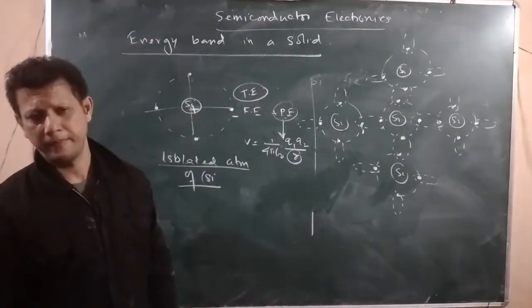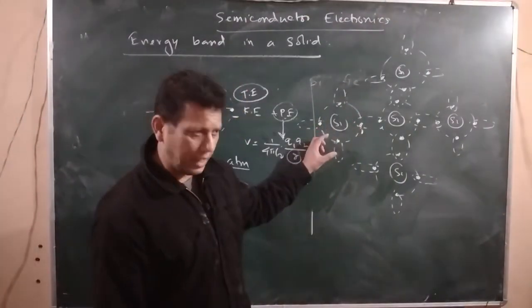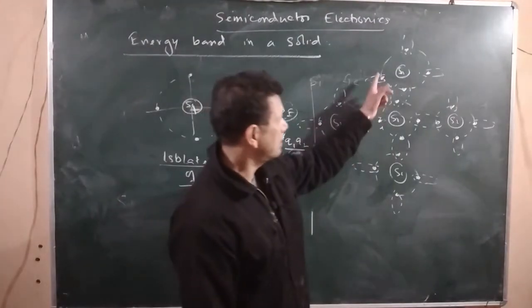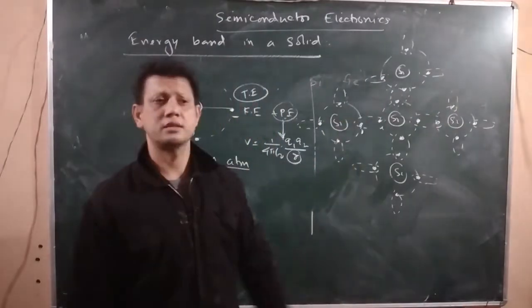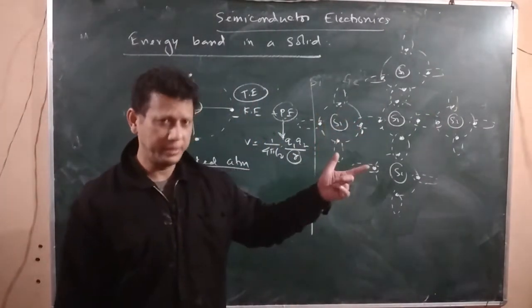So what did we understand? Since all these valence electrons are more or less influenced by the other nuclei of the silicon atoms, their respective potential energies will be different.